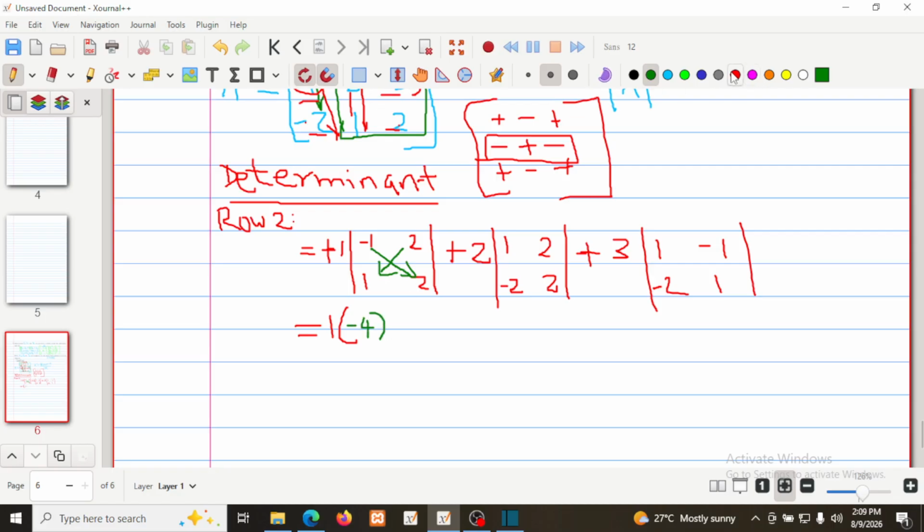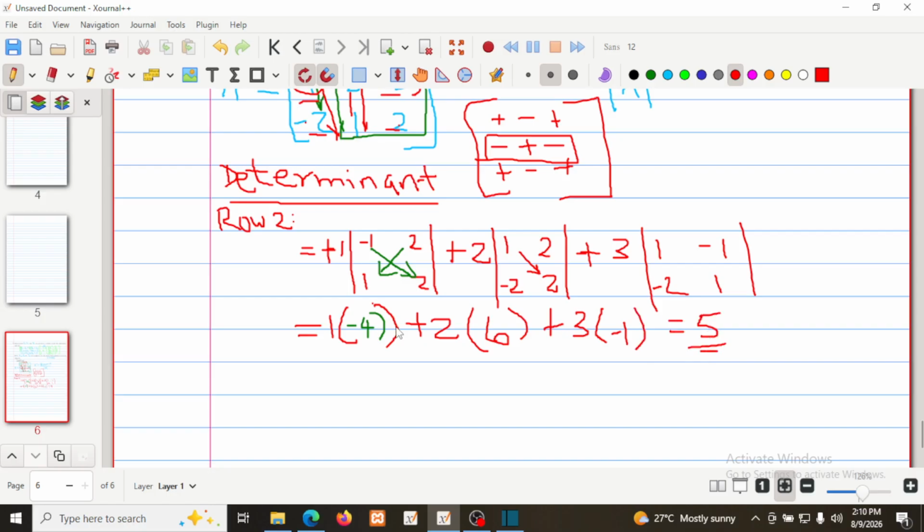Then plus 2 into 2 minus 2 times negative 2, that is 2 minus negative 4, which is 6. Yes, plus 3 into 1 minus 2, that is negative 1. If you calculate, we get 5.